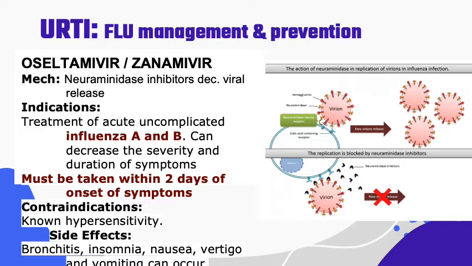You remember that because their mechanism is to inhibit release, they should be given within the first 2 days of onset of symptoms for it to be more active. This is generally well tolerated, but it may also cause some bronchitis, insomnia, nausea, and GI disturbances.